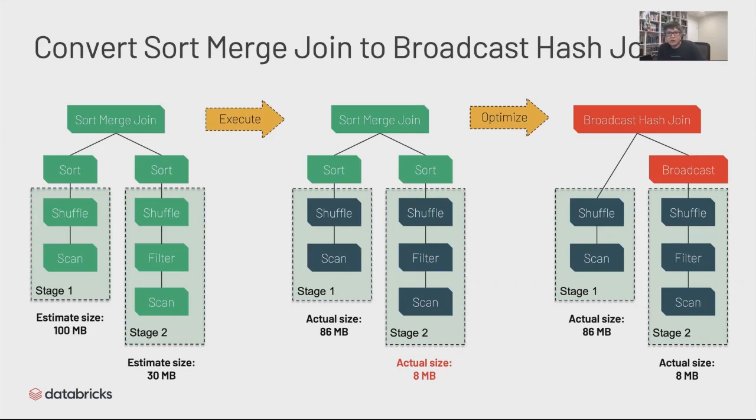You can see the actual size of stage 2 is much smaller than the estimated size, reduced from 30 megabytes to 8 megabytes. So we can re-optimize the remaining plan and change the join algorithm from the sort merge join to broadcast hash join.